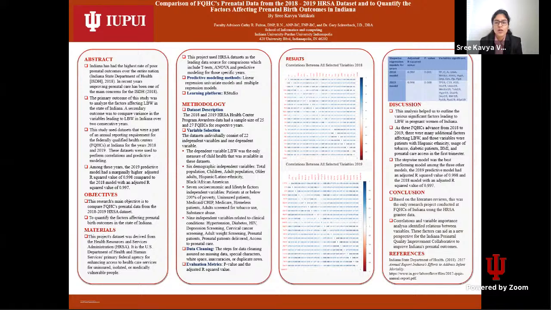Maybe they have to include some other data set along with this data set, because we just have very few dependent variables, maybe variables related to infant mortality rate or live birth percentage.